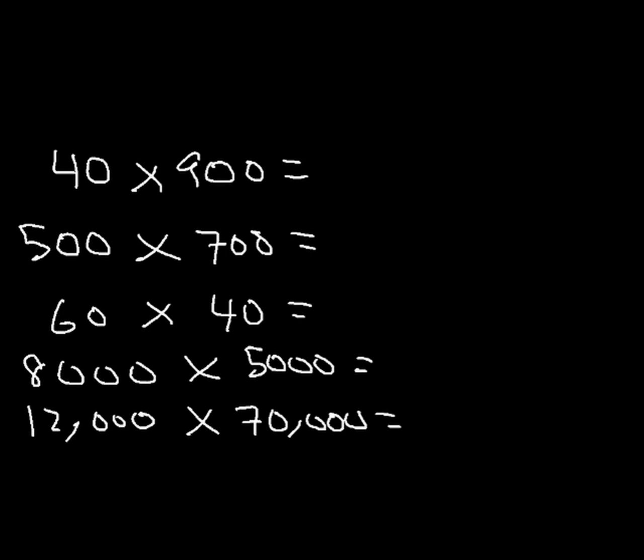So 40 times 900, it seems like you're multiplying very, very huge numbers. But remember, all you need to do is multiply the numbers on the outside. 4 times 9 is 36, and then add the 3 zeros. So therefore, 40 times 900 is 36,000.